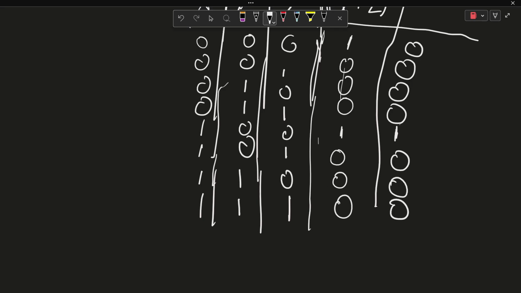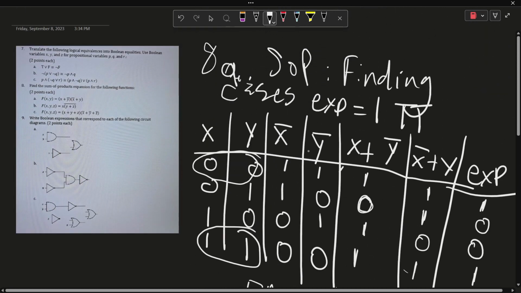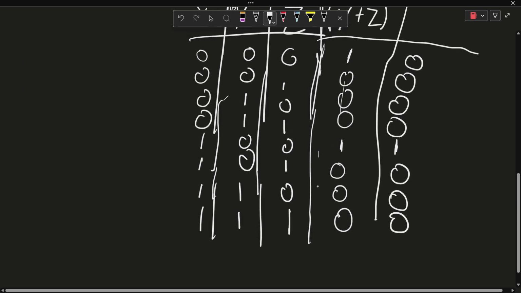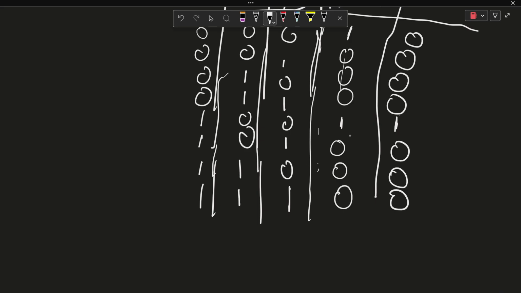So the product of sum is just this case right here, which there's really not a sum of product. Sum of product. I've been saying product of sum. Product of sum is something else. So sum of product, the only one that fits it is x, y naught, z naught.